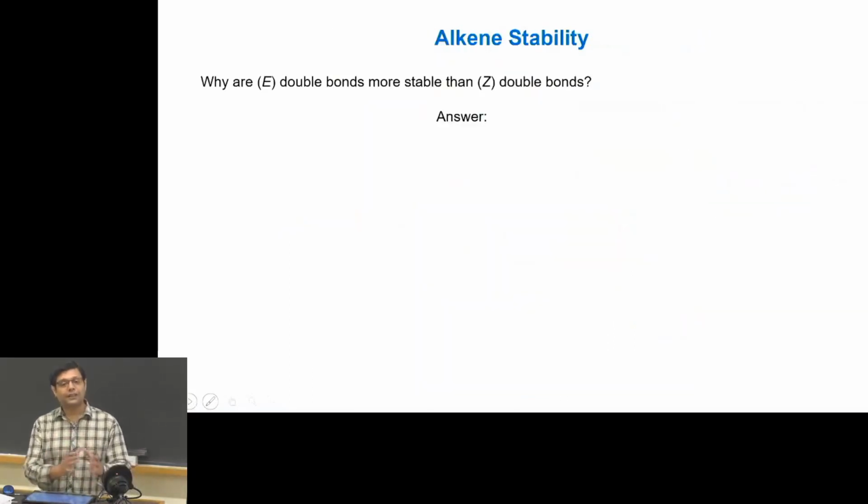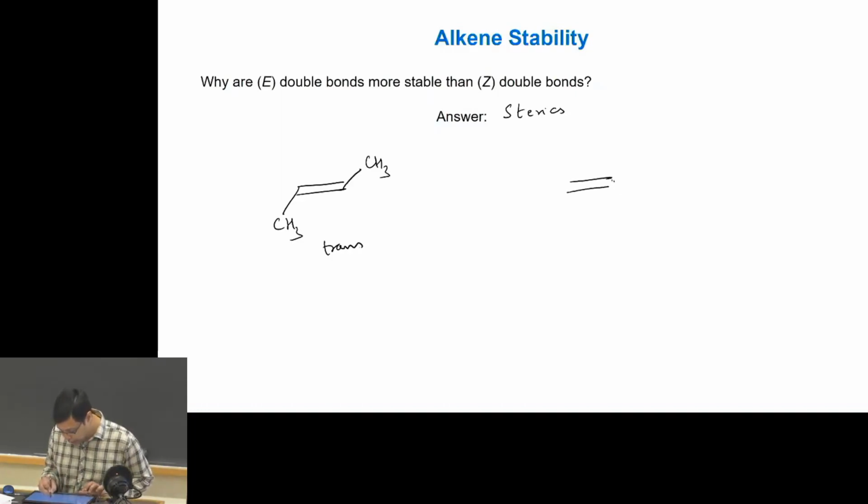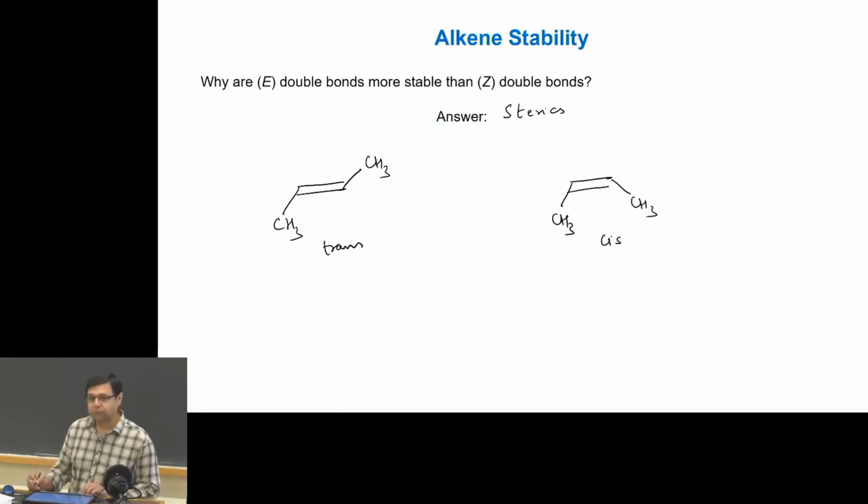Why are trans-alkenes more stable than cis-alkenes? The simplest answer to that is sterics. Let's take the example of compounds B and C. This was compound B, it was trans, groups on opposite side. This was compound C, groups on the same side, therefore cis.